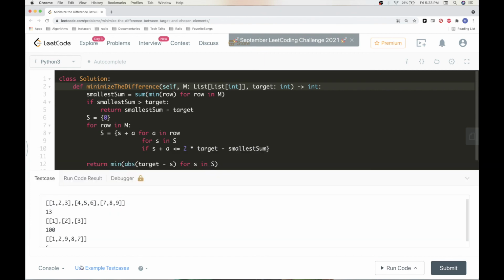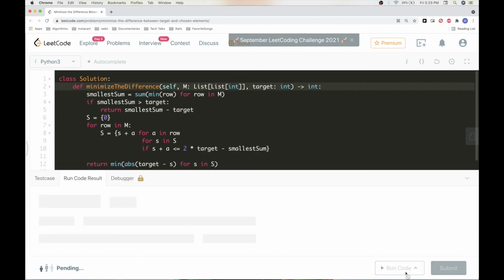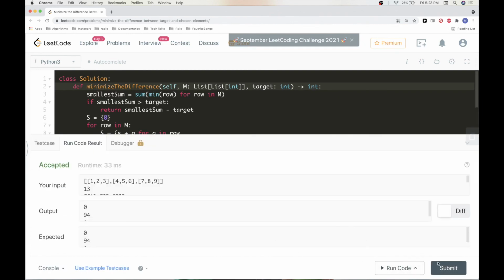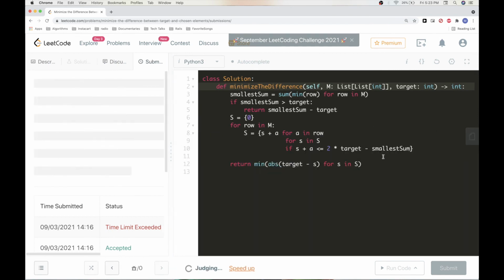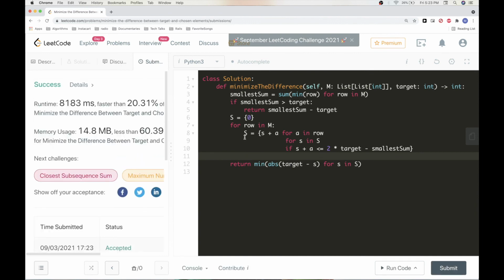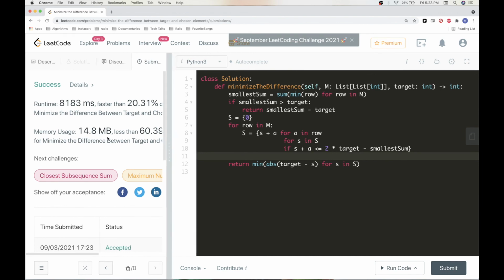Okay, let's test with all test cases. Let's submit. Okay, yeah, so it passes test cases.